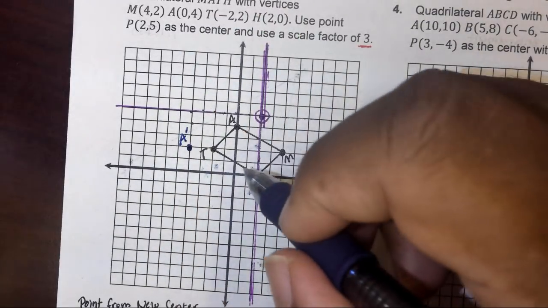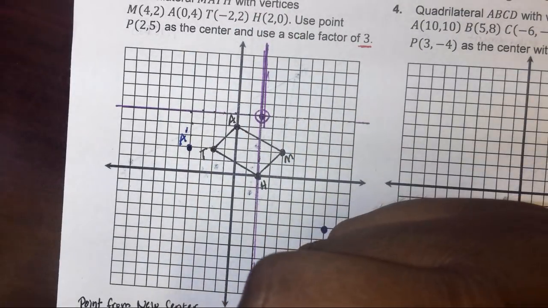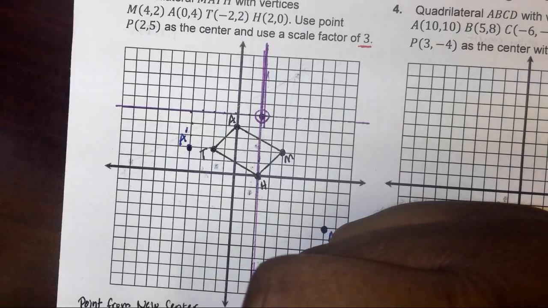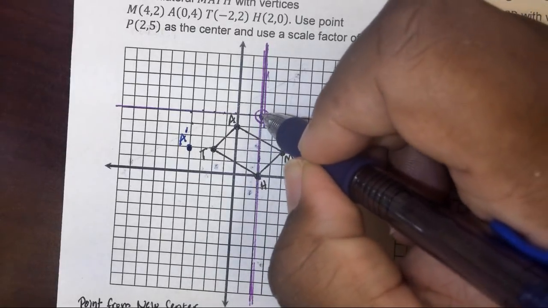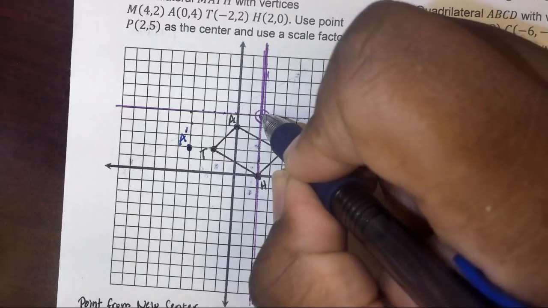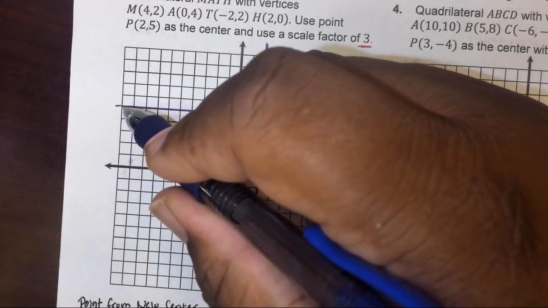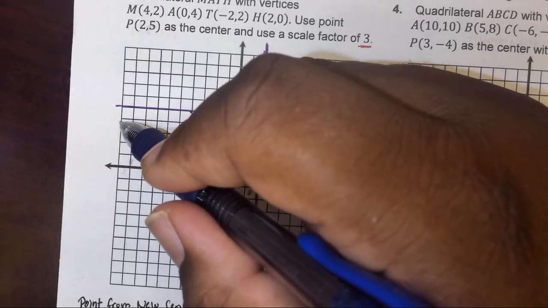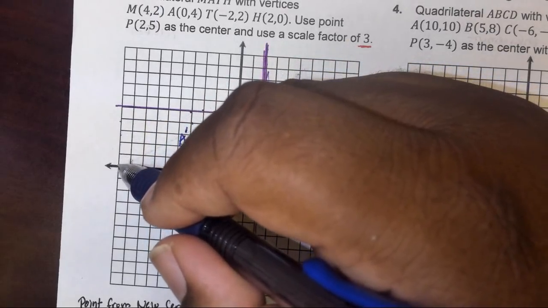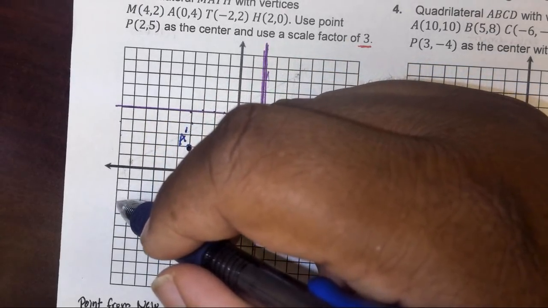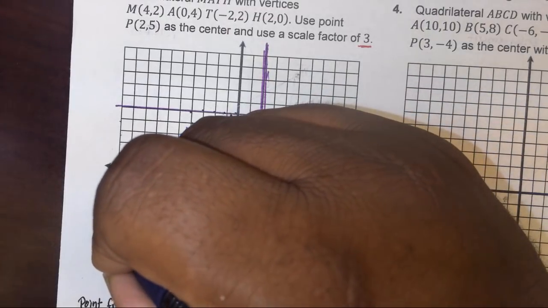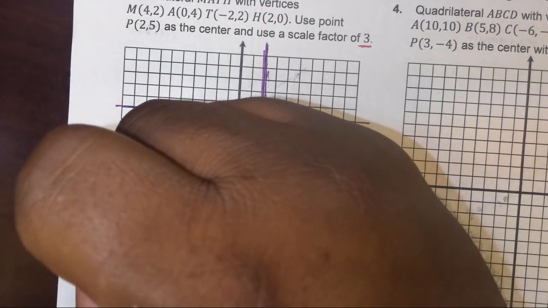And then T, or T prime, is -12, -9. So from there, go over -12. I'm going to cheat a little bit. I know this is 10 this way and it's 2, so -12 all the way out here. And then down 9. 1, 2, 3, 4, 5, 6, 7, 8, 9. It's going to be T prime.